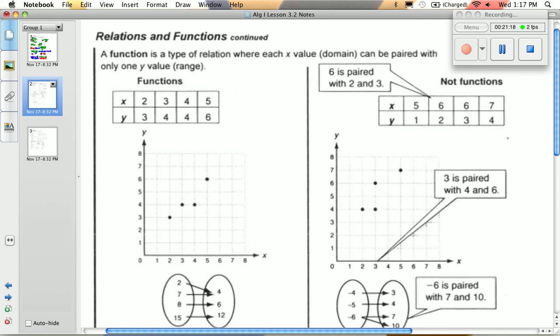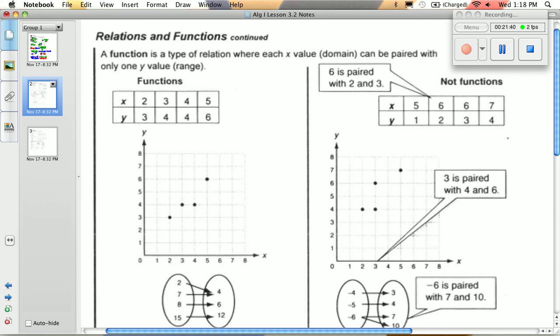So if x is 3 and you got a y equal to 4, that's cool. If you have x is 3 and you got another time when x is 3 and y is equal to 5, that's a different y value. Now it's not a function. Each x can only have one y value. They can't be different y values.